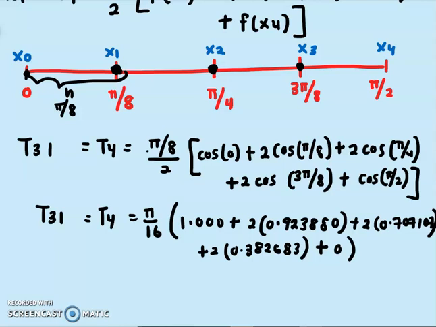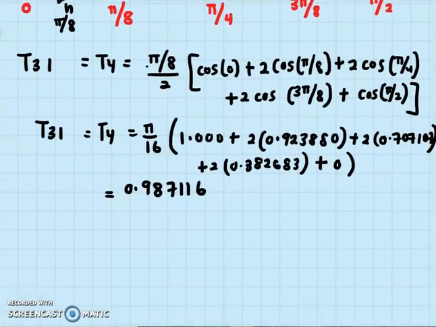So using your calculator, you should end up with 0.987116. Okay, so we are close to solving now.